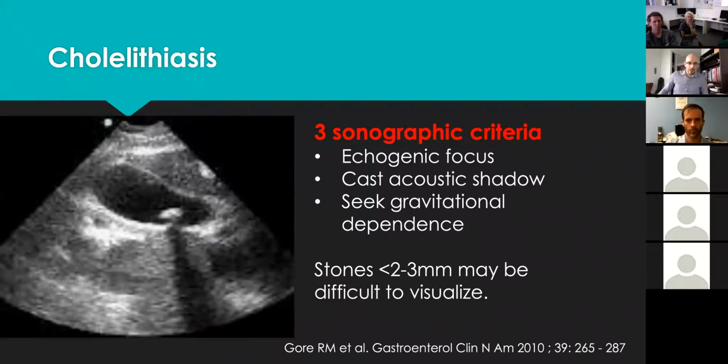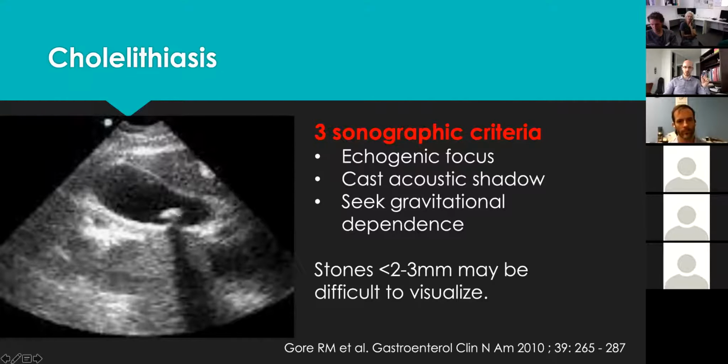Now, with cholelithiasis, the stone, as you can see in the image here, you can see the hyperechoic area followed by a shadow. The important thing is that you can see this shadow only if the size of the stone is more than the beam width at that area.